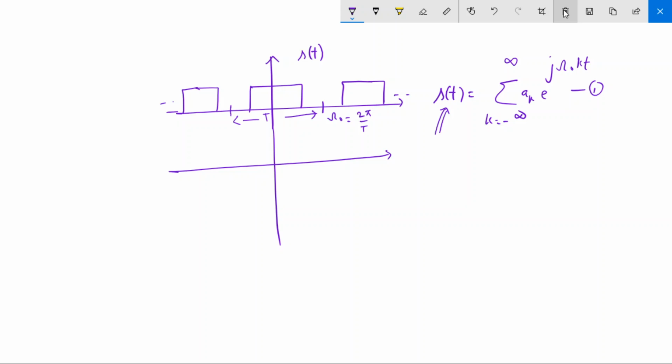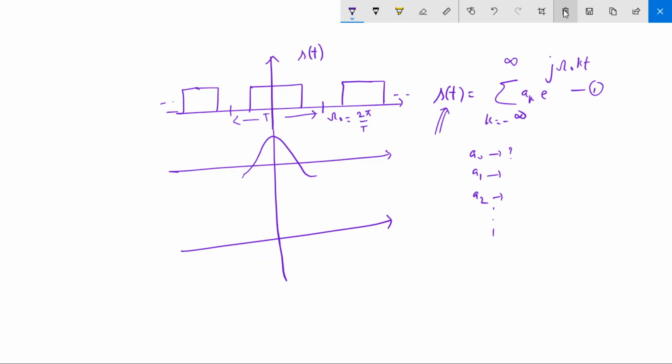So the first function that we get will have a time period which is similar to this T, because the first frequency is the same. So you may get this first function, suppose a cosine wave like this. The time period is going to be exactly the same. Of course the first will be a constant, a0, which is a DC component. Then a1 is the Fourier series coefficient for the first harmonic, then for the second harmonic a2, and so on.